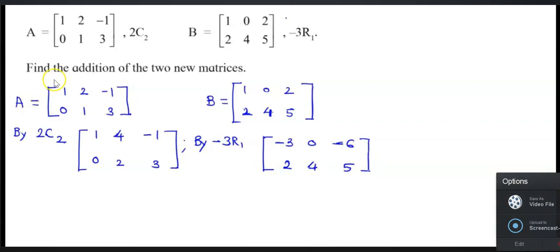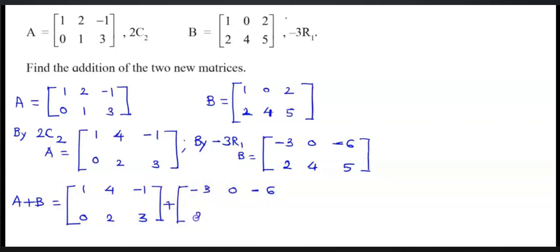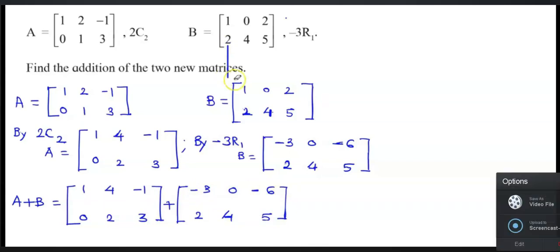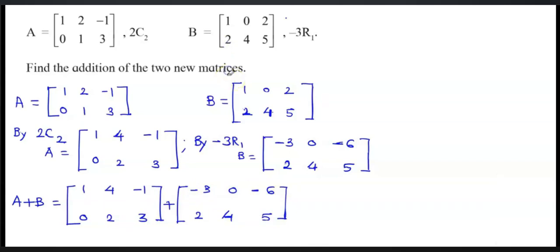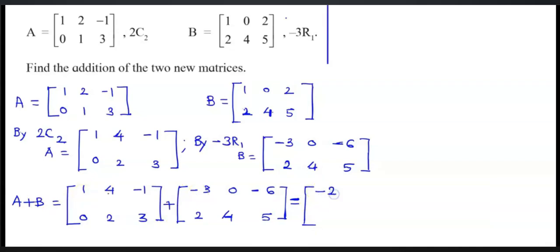Notice again, next is the addition of the two new matrices. Now we will add these two matrices, A plus B. Therefore the answer: first, 1 minus 3 is minus 2.